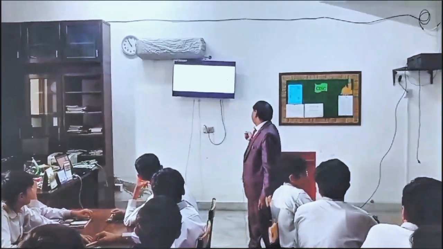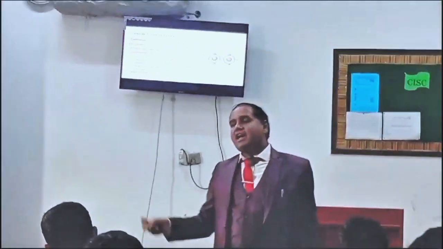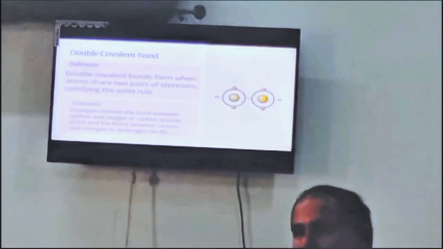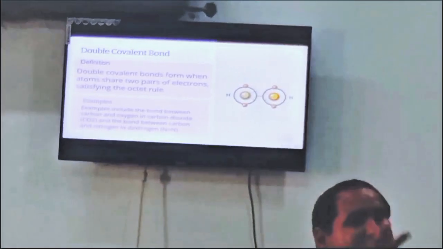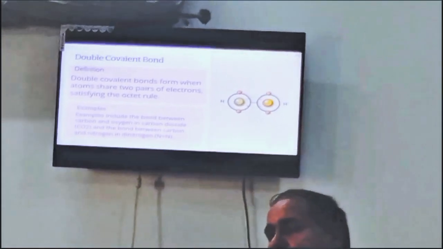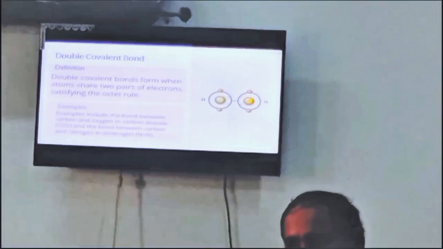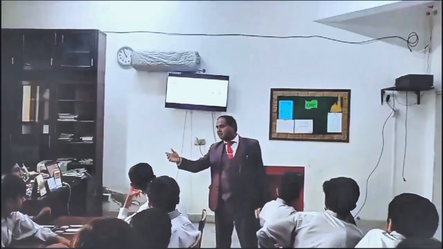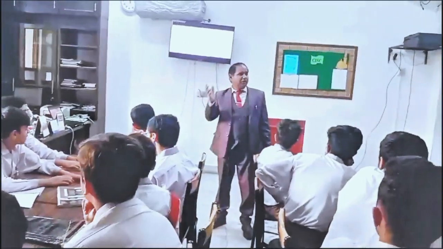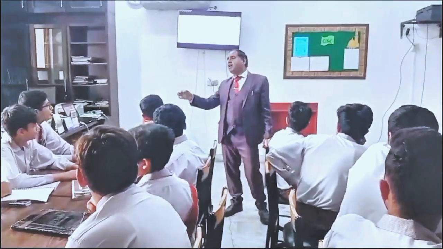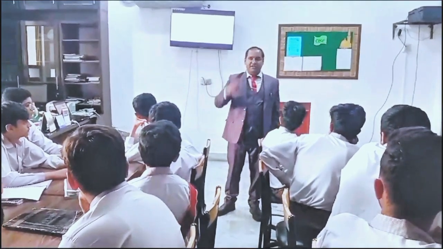Double covalent bond is formed when two electrons are shared by each of the bonded atoms. It is an example of a double covalent bond. Like we see the example of formation of oxygen molecule.